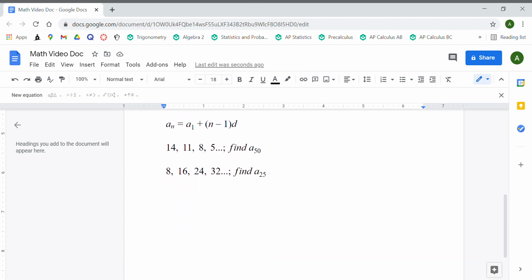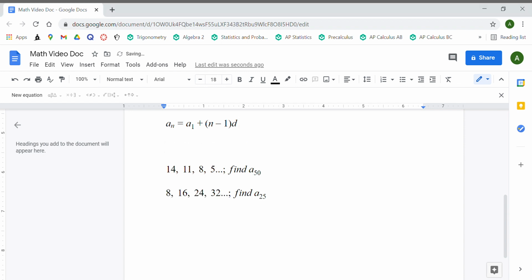Now, you don't just have to count the terms out. There's actually a specific formula that you can use to find a certain term in a sequence. It's this formula right here: a sub n equals a sub 1 plus d times the quantity n minus 1.